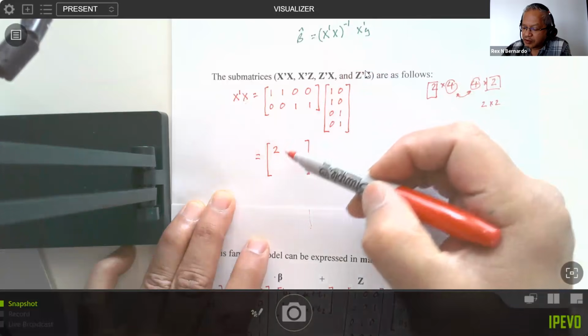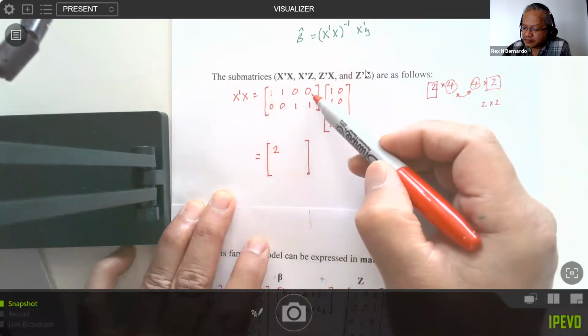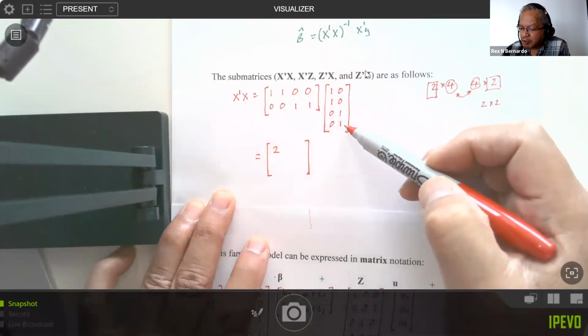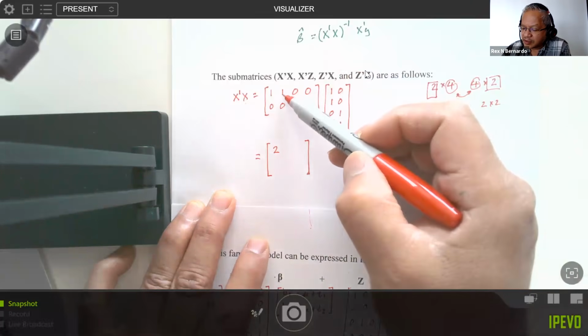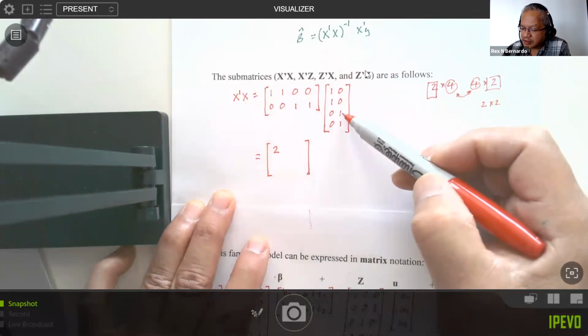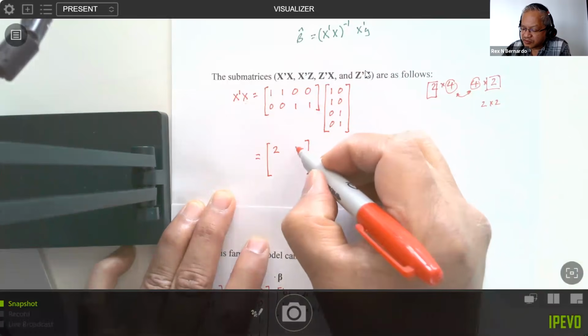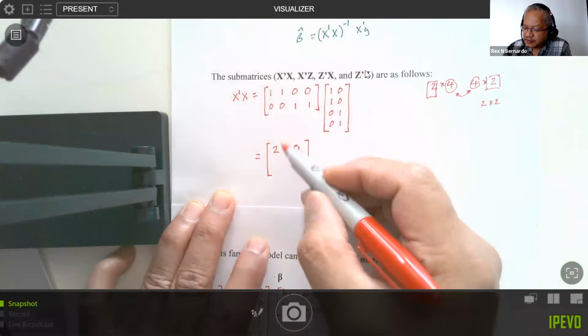Then for row 1, column 2, I take row 1 in the first matrix, column 2 in the second matrix. I repeat the same. 1 times 0 is 0. 1 times 0 is 0. 0 times 1 is 0. 0 times 1 is 0. So that gives me 0. I can do that same operation for here.